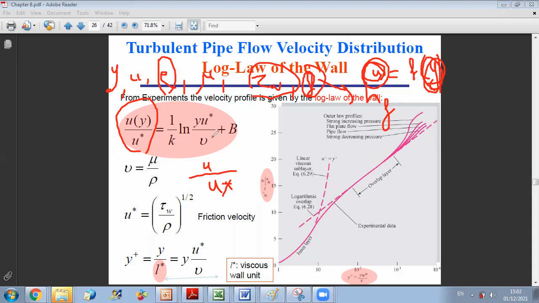Then you can form the following group: y times u star over nu. This nu is called kinematic viscosity, related to the dynamic viscosity through nu equals mu over rho. If you look at the parameters, you will be able to relate y. The dimension of y is L. So the group of y is y u star over nu.